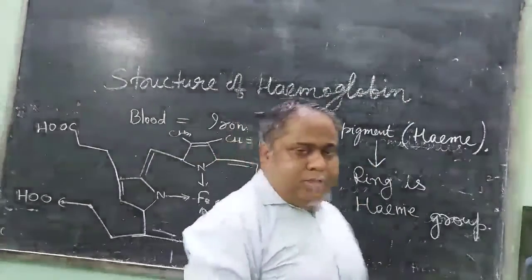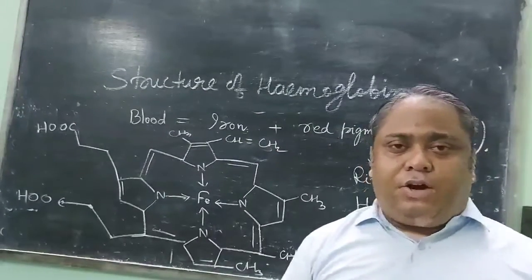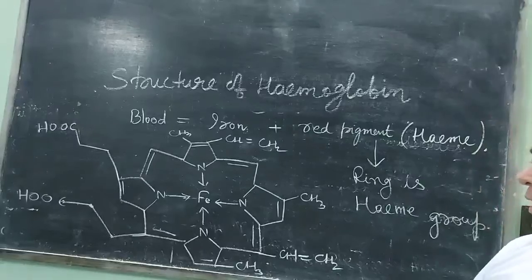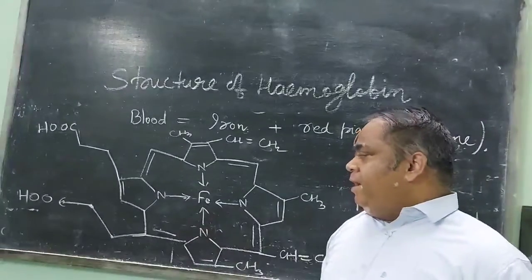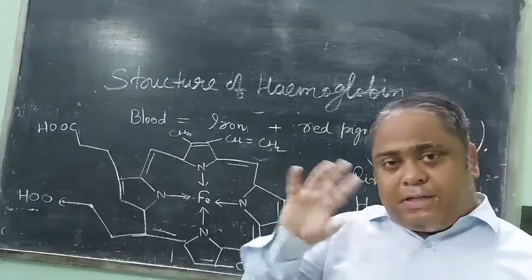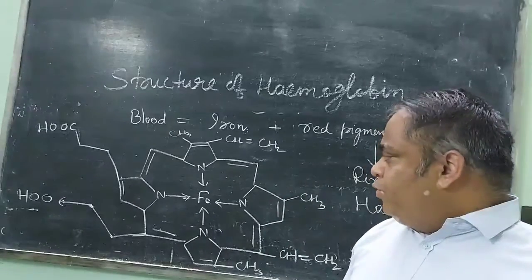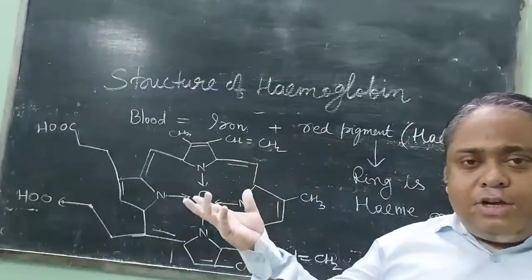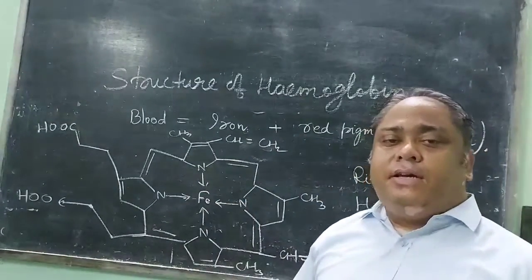So this is the structure of hemoglobin. So the question for you is, can you find the structure of chlorophyll? Chlorophyll will contain magnesium ion in between, and around that there will be some kind of ring, not exactly the same ring. Some other kind of ring will be there, which will be giving green color. This gives red color, and in case of chlorophyll you will get green color.